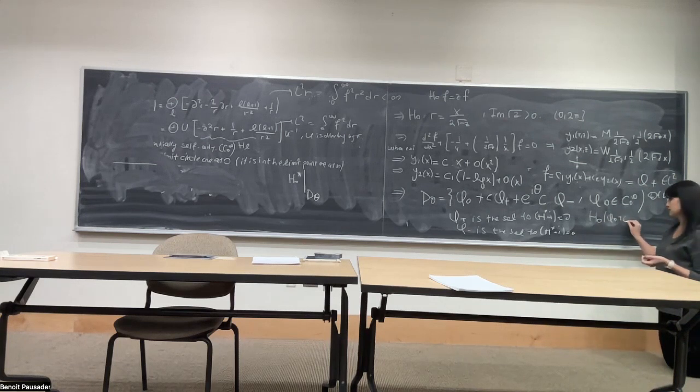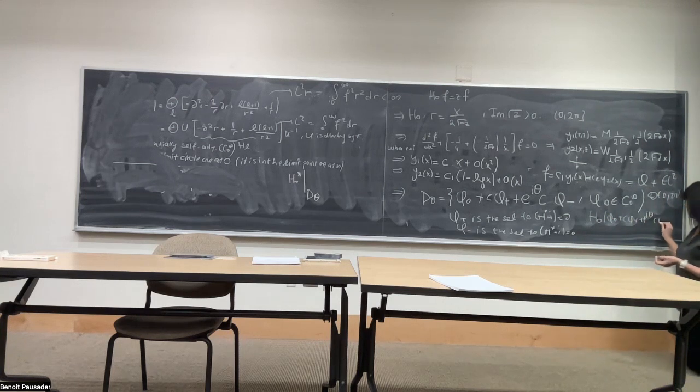So if you add C plus. So from here, fine, because we're in the core, H0 by 0 is well defined because it's a smooth function. So we just write H0 by 0.